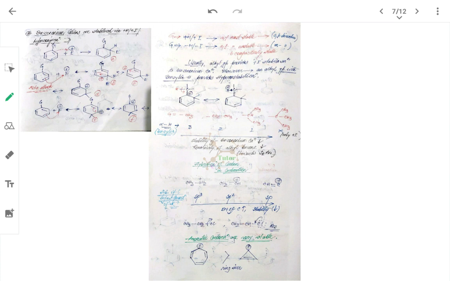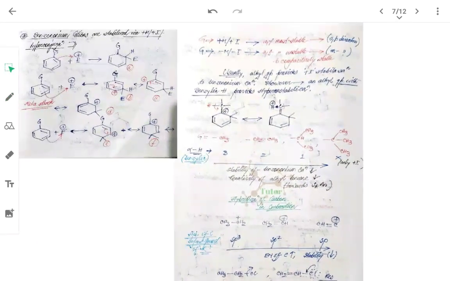Now, if G is a functional group, if it is a plus M or plus I group, then A and F are most stable.